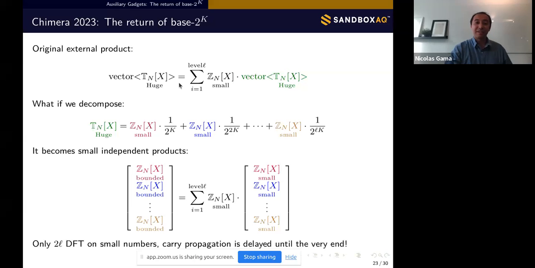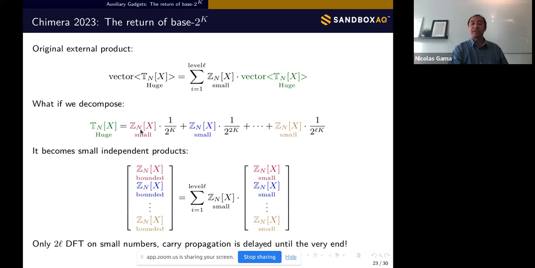So let's come back to the base 2^K representation that we were trying to do before with Chimera. This is the sum of gadget decomposition that is small times huge TNX. If we follow the same principle, why not try to decompose the huge TNX into digits?